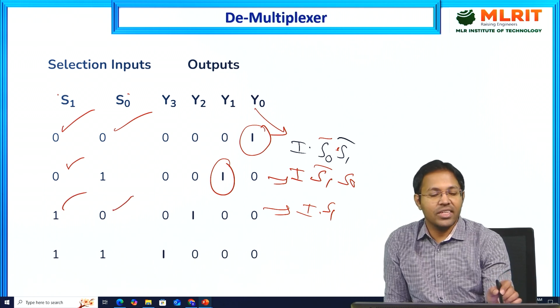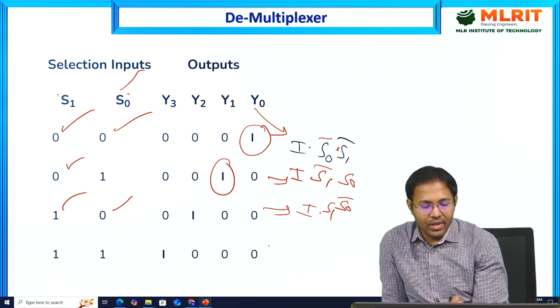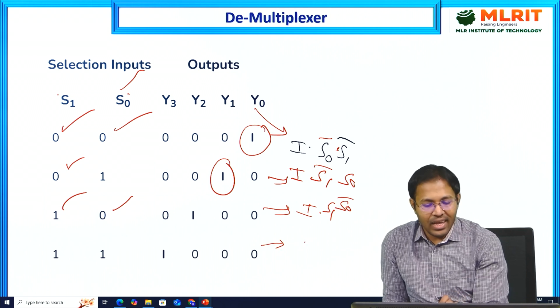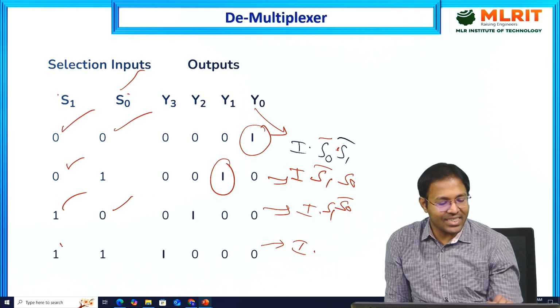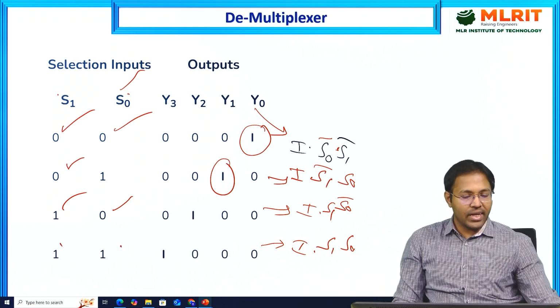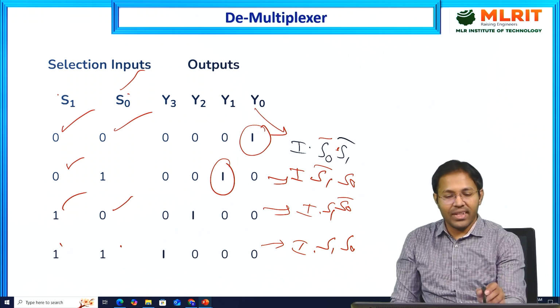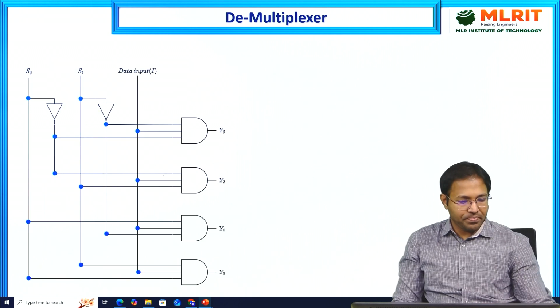Because we have a 0 here, we have to take S1 in the complementary form. Last case, I multiplied by S1, S0. So, these are the expressions that we have for Y3, Y2, Y1, Y0.